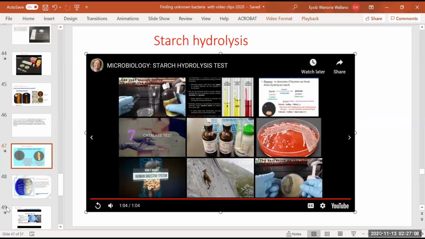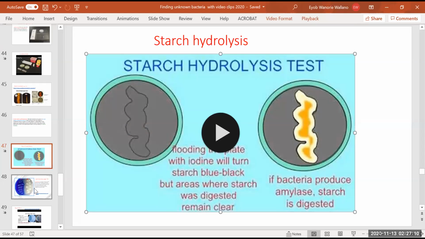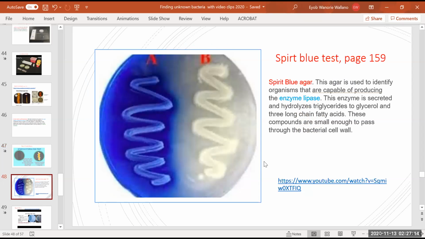Yeah, that is a good one. And then the other one, spirit blue. This is a fermentation technique also. Spirit blue is a test we use to find out if there is lipase, or fat, present. Lipase, lipid, fat.